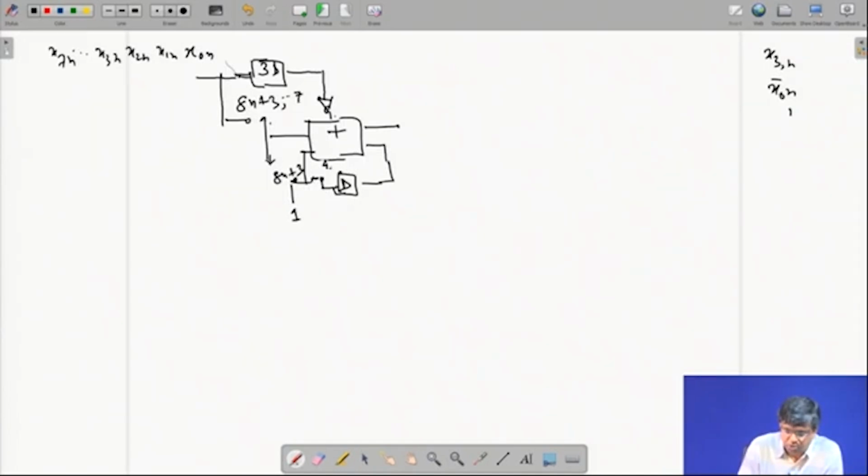Okay, 8n plus 3. Here it will be from 4, 5, I'll complete it later. Okay. So up to 8n plus 7, no problem.